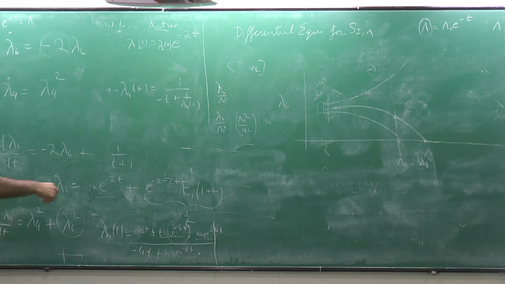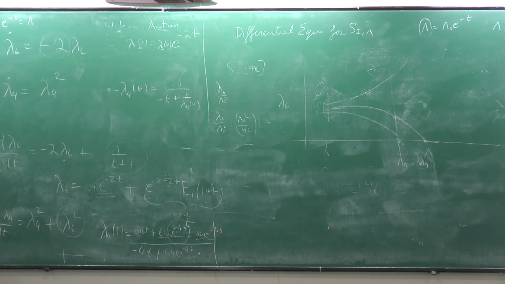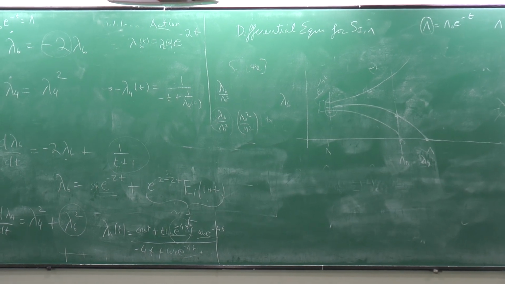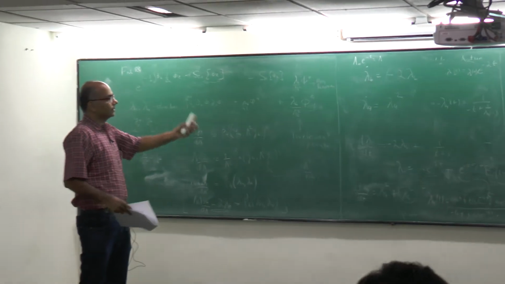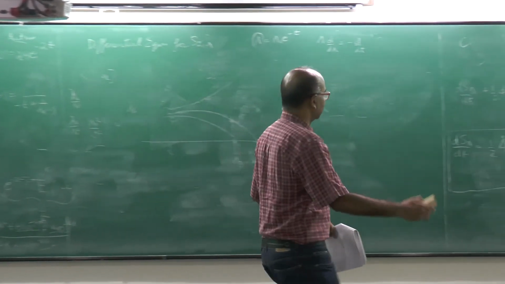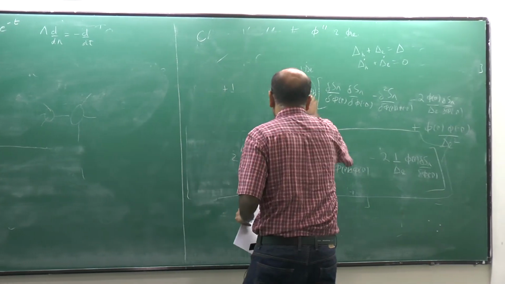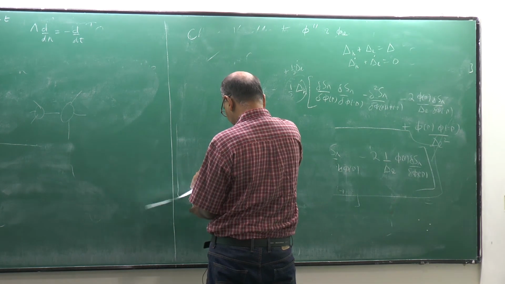But you can add terms of this type and they're anyway generated. So this argument doesn't depend on arguments about adding counter terms and so on. So I just mentioned that diagrammatic point. I just wanted to mention that and stop.